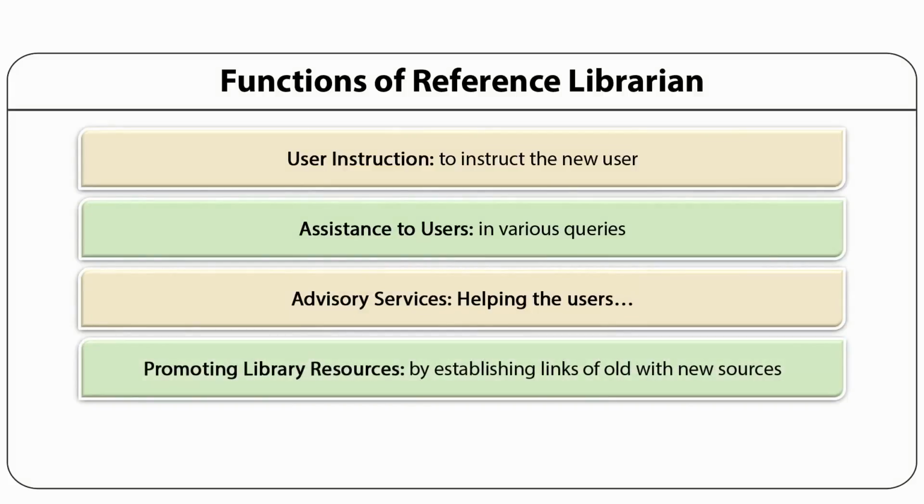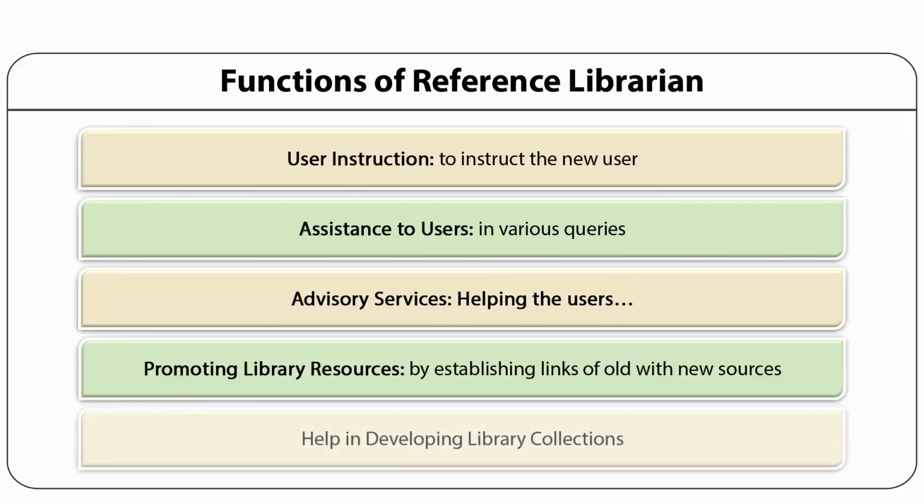Promoting library resources. This is another important function wherein the reference librarian establishes links of old sources with the new sources so as to promote both of them. Help in developing library collections. On the basis of his experience with the users, he can definitely be of much help to the technical section in developing the library collection accordingly.